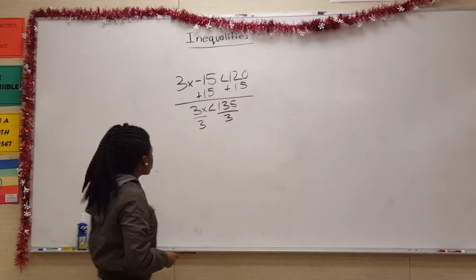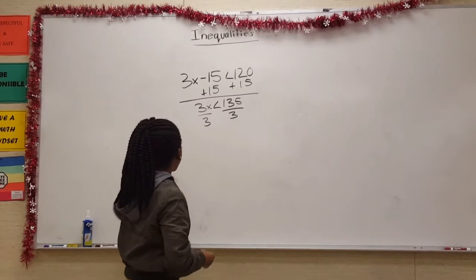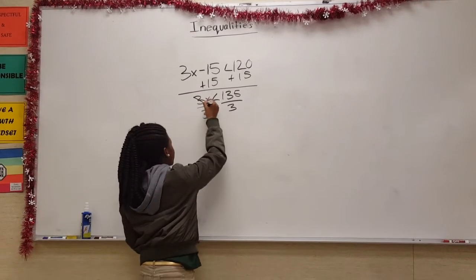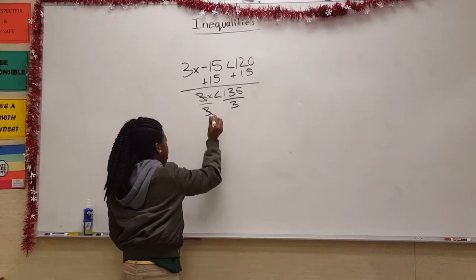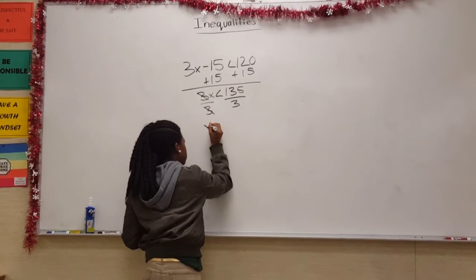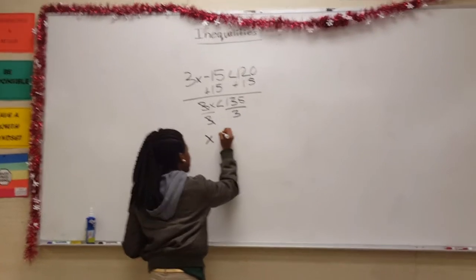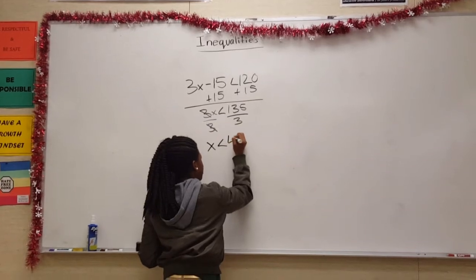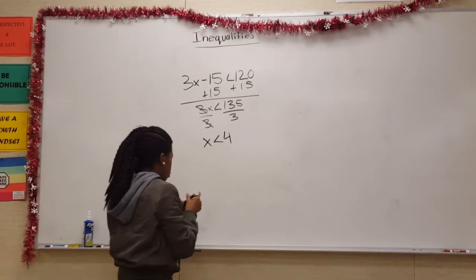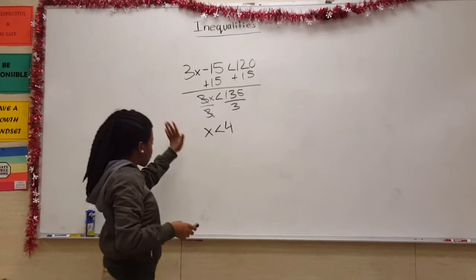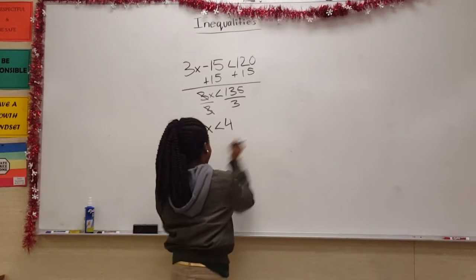So now that we divided this, 3x divided by 3 would just be x by itself, and it would be less than 45 because 3 goes into 135 45 times.